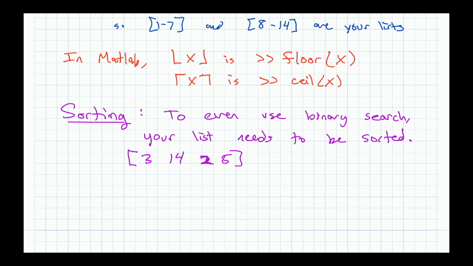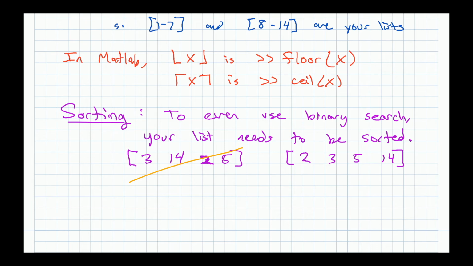There's not any pattern to things. Can't have it like that. But you could search through 2, 3, 5, 14, right? Because then you would be able to know whether you were in the first half or the second half based on just one comparison. So to use binary search, your list needs to be sorted.